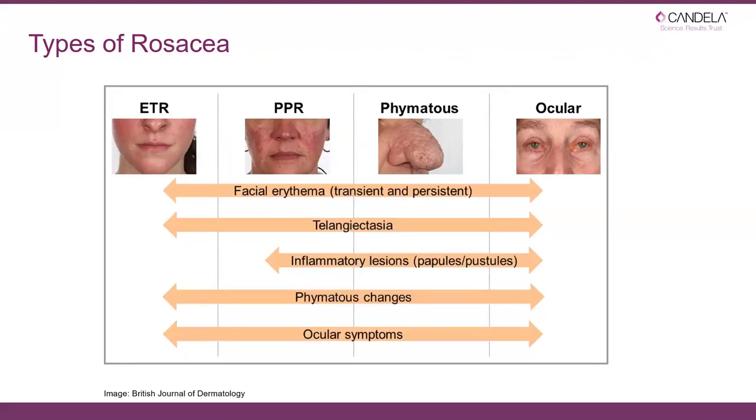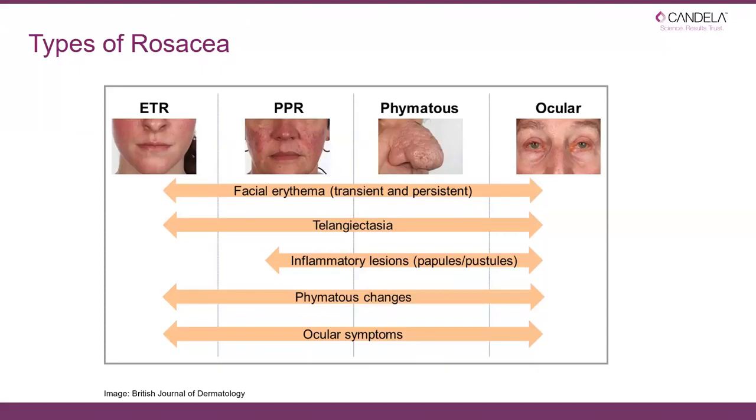The first presentation of rosacea is normally some erythema, so some diffuse redness, and this may also be associated with small thread veins or telangiectasia. This can then, in some instances, progress into a much more inflammatory presentation, where we have papules and pustules.